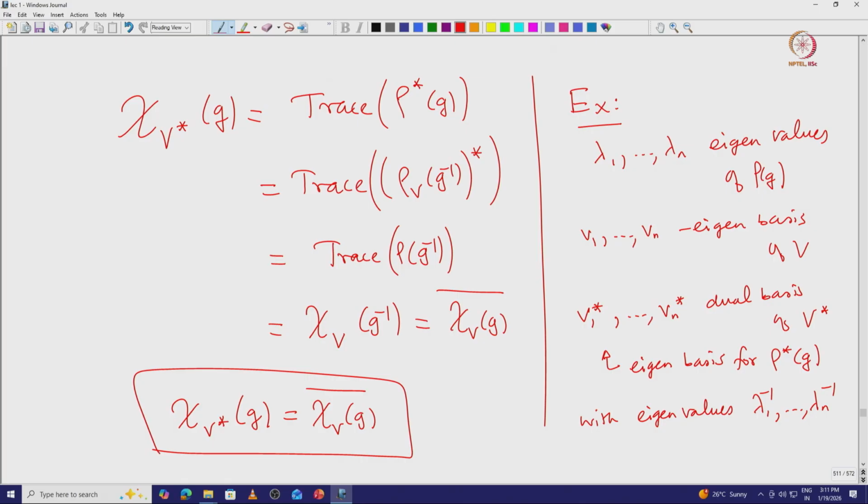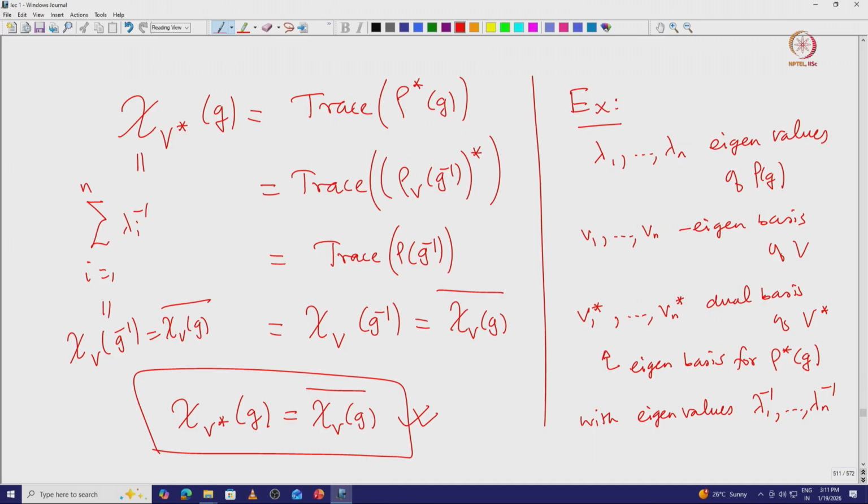That tells you that this character is exactly the summation of lambda_i inverse, i ranging from 1 to n, which is exactly chi_V of g inverse, and since everything is unitary, this is the same as chi_V of g bar.